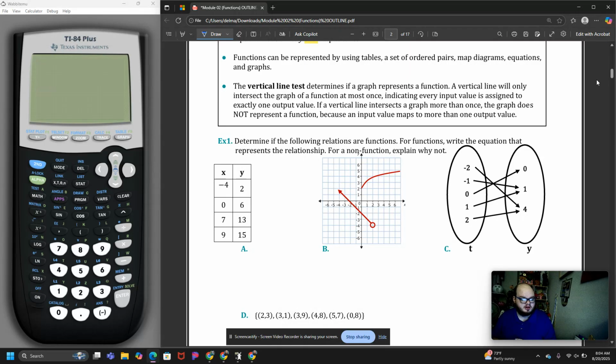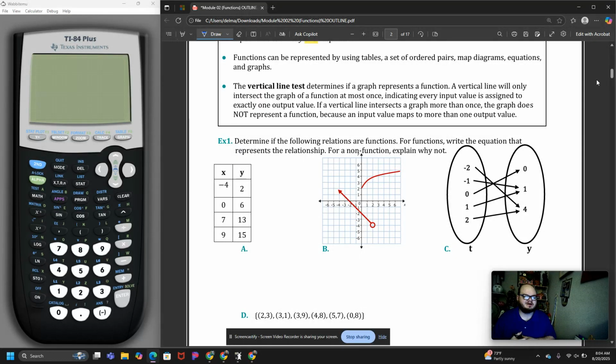So you might see something and want to go to Desmos or the TI-84 and graph it because you're more of a visual person. Some people will want to make a table every time because they like tables better. It's ultimately up to you. For me, the important part is you understanding whether it's a function or not and being able to identify that with whatever method works for you.